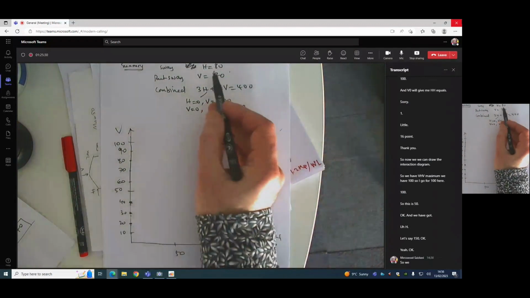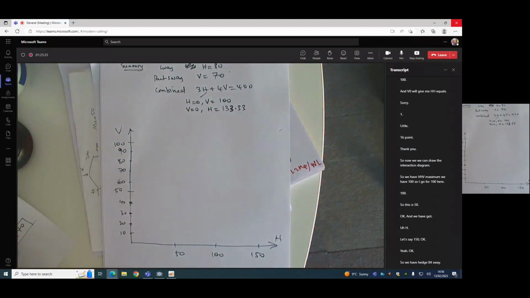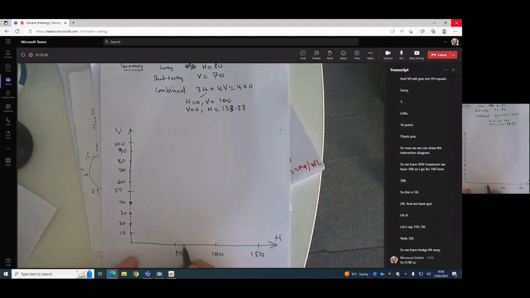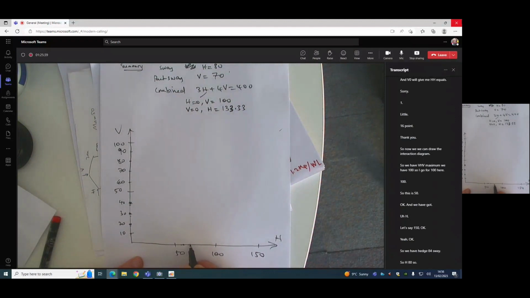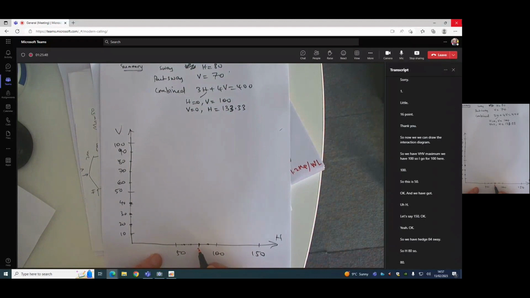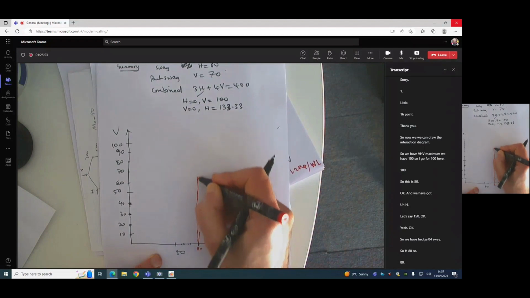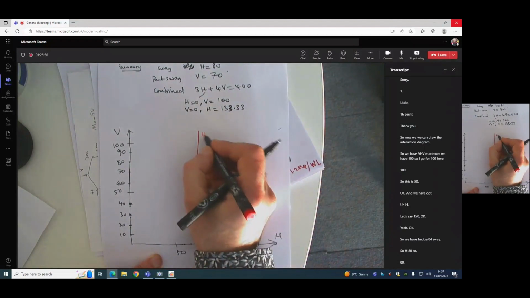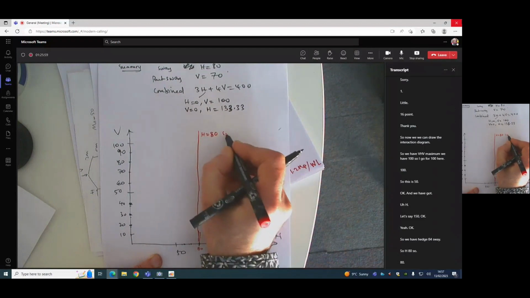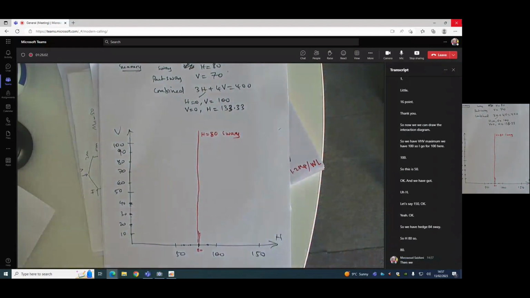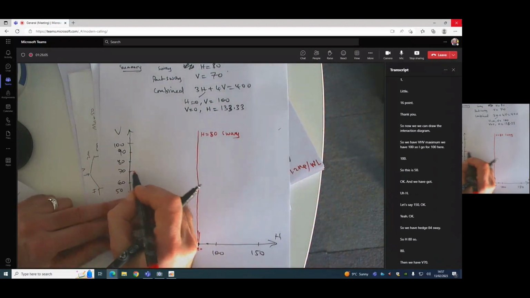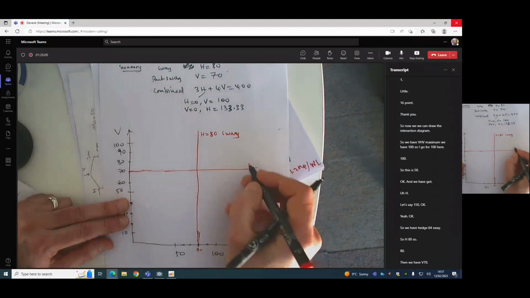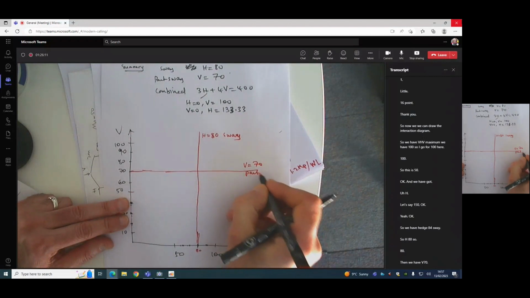So we have H equals 80 for sway. Then we have V equals 70 for part sway.